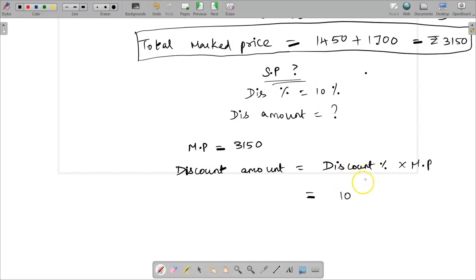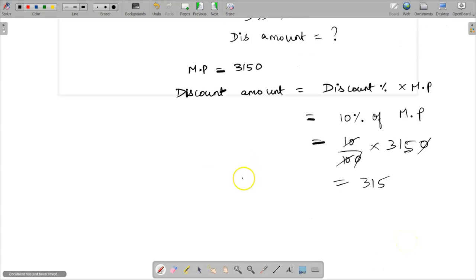It is 10%. So 10% of marked price, right? So what is 10%? 10% we can write as 10 by 100, into marked price. What is the marked price? 3150. So 0 0 get cancelled when we use 5 tables, or directly we can cancel out this 10 and this 10. Okay, so 10 and 10 get cancelled. So 0 0 get cancelled. In the numerator we have only 315. So the discount amount now is 315. Discount amount is 315.